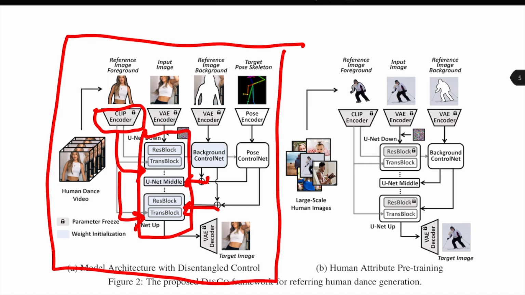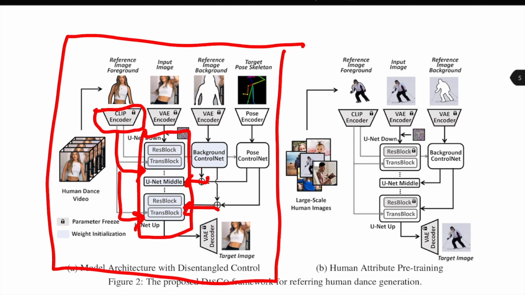Now, these other items are trained, so you will get some variation there, or you will get some fine tuning there. However, because they've been locked down, because they have been pre-trained by using this human attribute pre-training described on the right, these are fairly well set, and you won't see as much variation as you continue to do your training against the target image, which is mainly to match the pose.